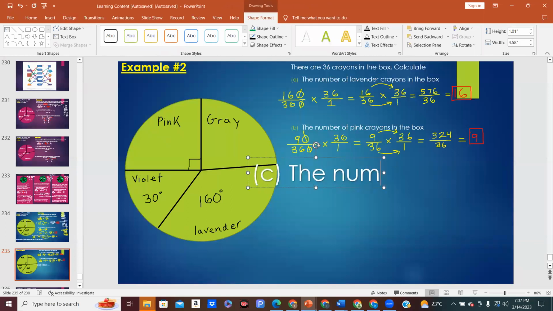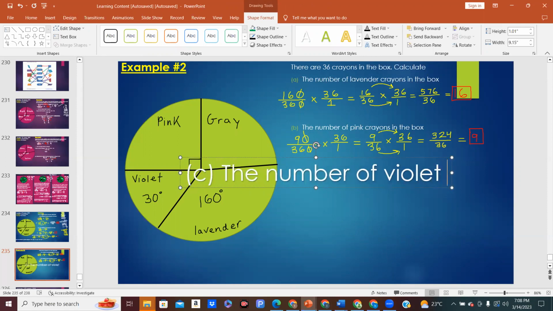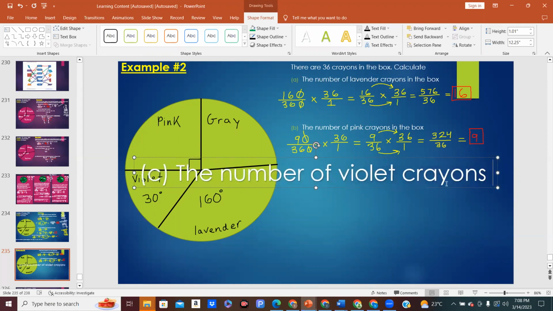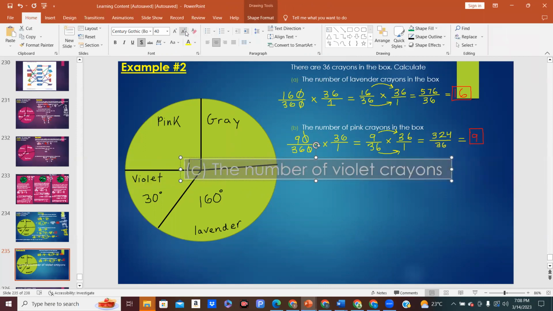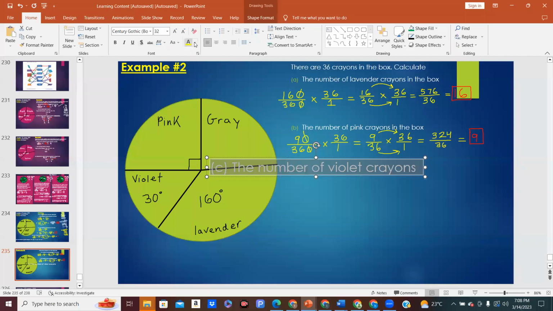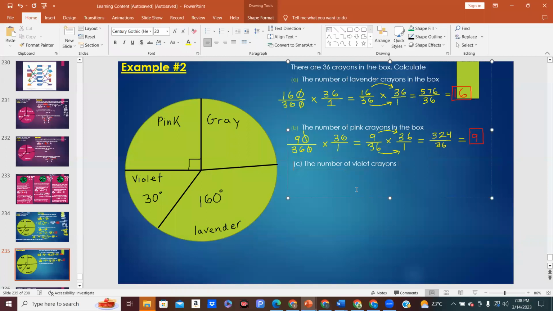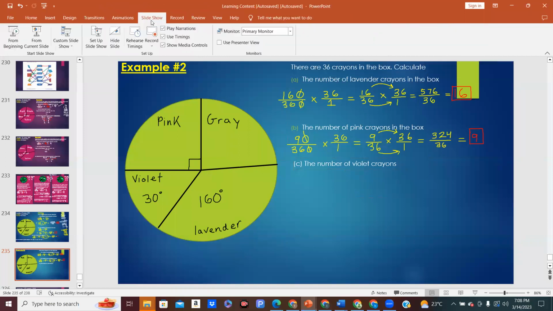And we have the number of violet crayons in the box.